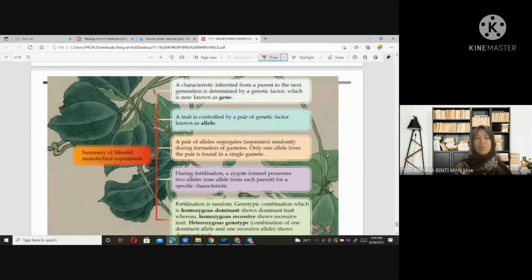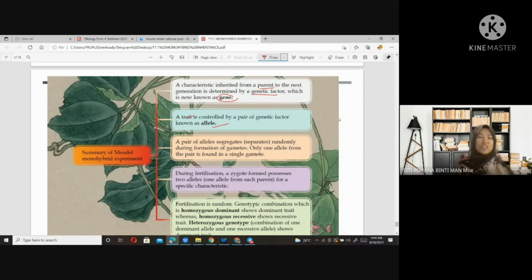Okay. So summary for Mendel monohybrid experiment. Characteristic inherited from a parent to the next generation is determined by a genetic factor known as gene. A genetic factor gene. And a trait controlled by a pair of genetic factor known as allele. Lebih spesifik, allele.